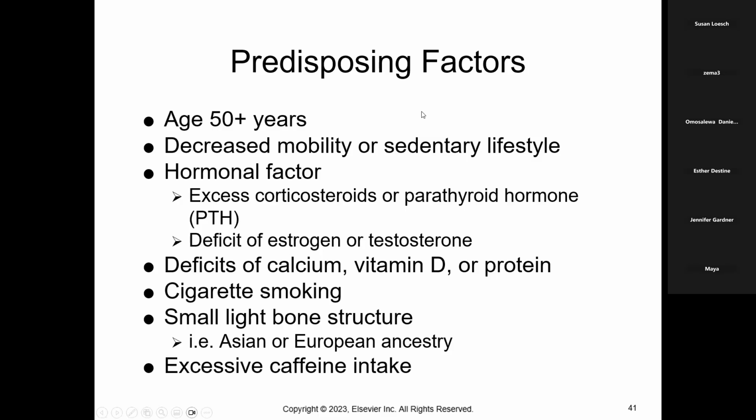Sedentary lifestyle is big here. Because you have to be walking on those bones and working them for things to work right, like the reabsorption or the production. So here the reabsorption exceeds the production.